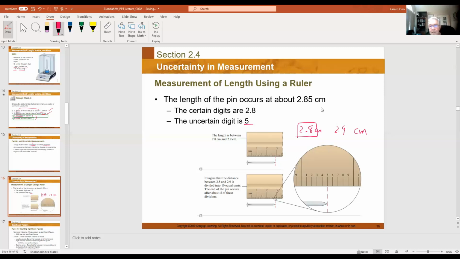Then you say that your measurement is 2.85. That is a number between 2.8, that is certain, and 2.9. Then the digit 5 is uncertain.